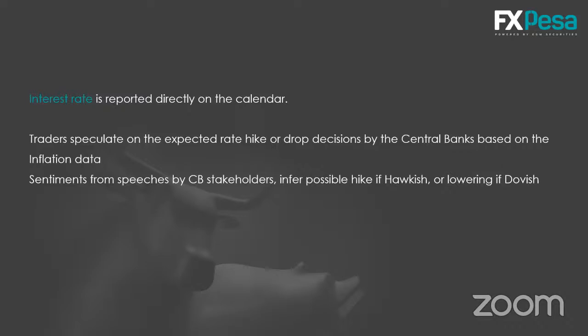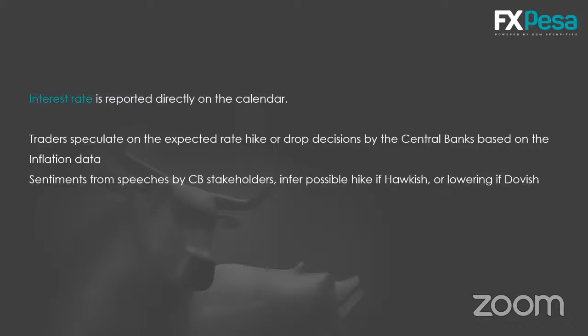The chair or the governor of the central bank, usually with the stakeholders, decides on the rates. In some cases, a committee votes and decides on the rate, like in the case of the US and even the UK.